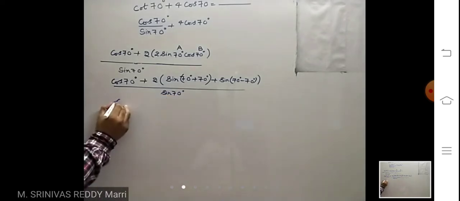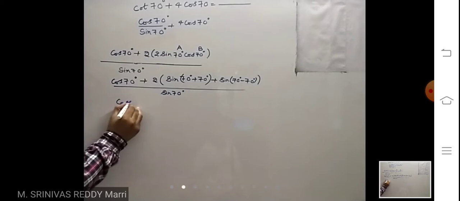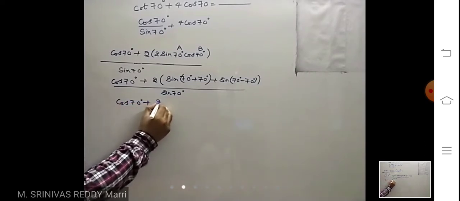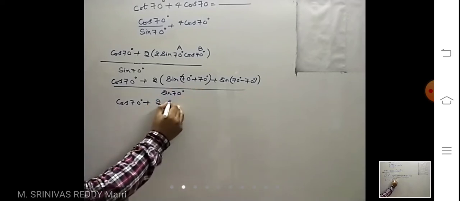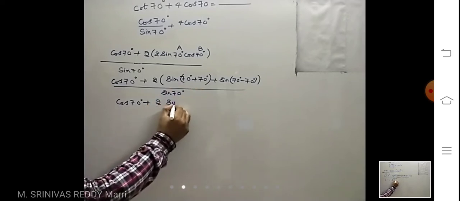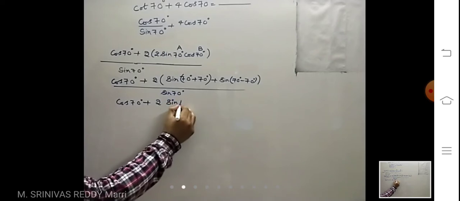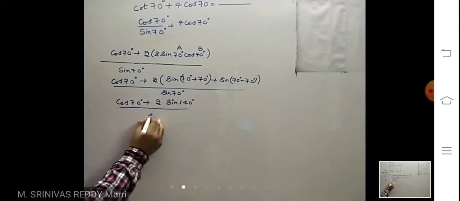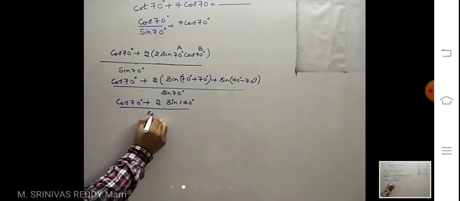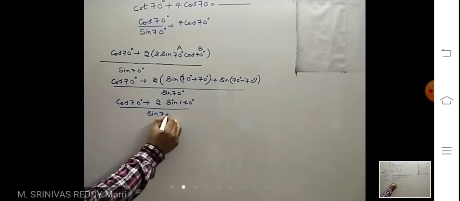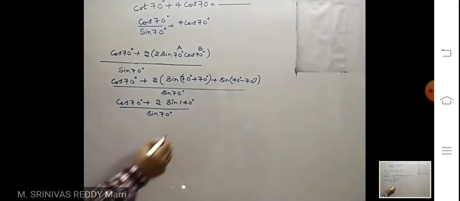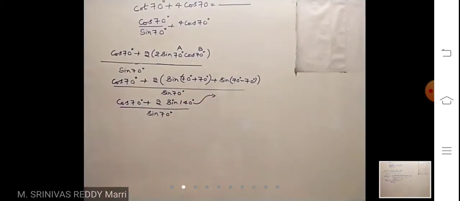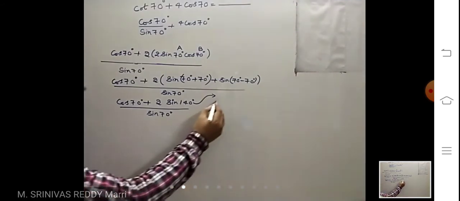So this is cos 70 plus 2 into this is sin 140 divided by sin 70 degree. Look at this 140. This 140 I can convert into a lower angle.